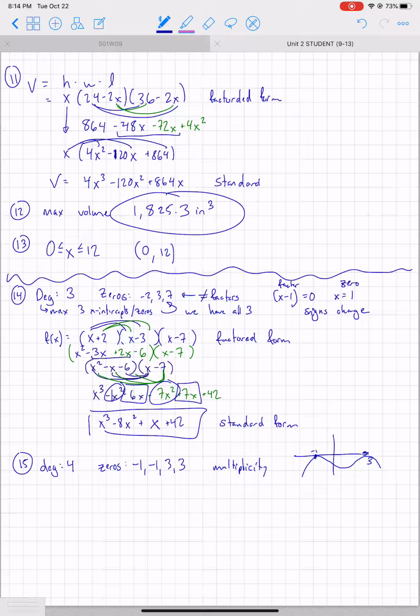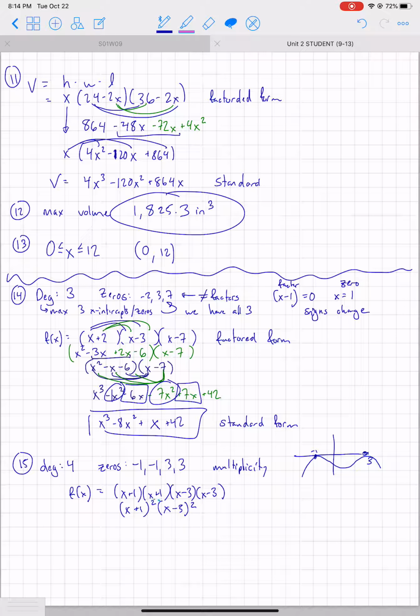So factored form is easy because all we do is just change the sign. So x plus 1, x plus 1, and then x minus 3, and x minus 3. We could have rewritten this using the power on the outside to save us some time.